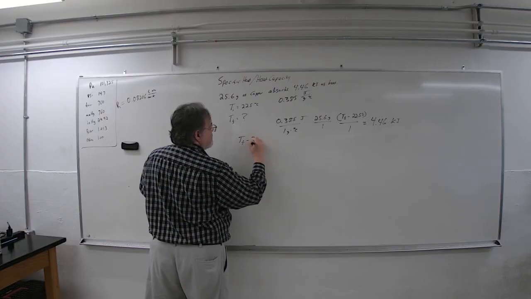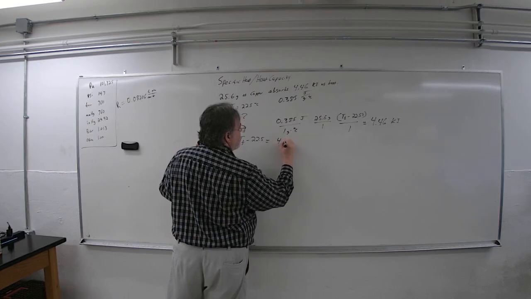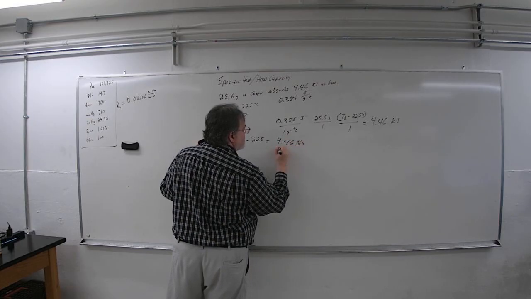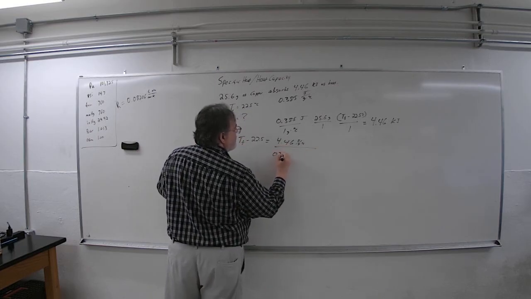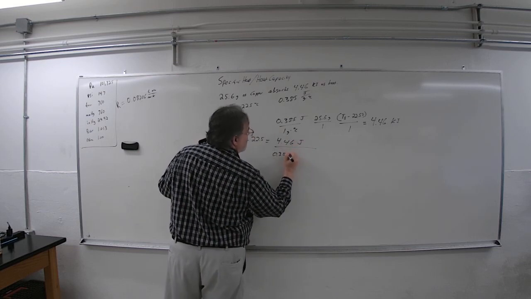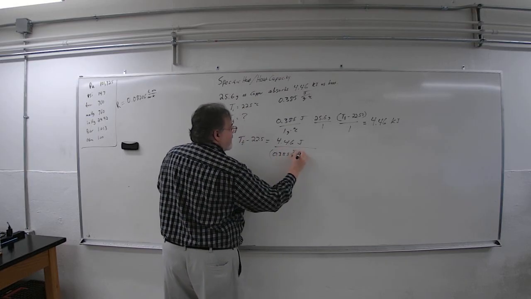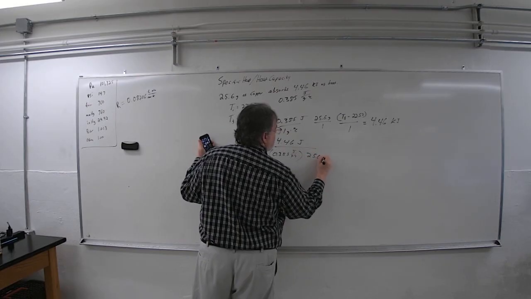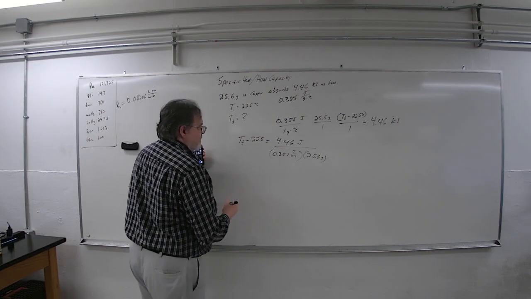T initial is... joules per gram per degree C. Divide by that, and divide by that.